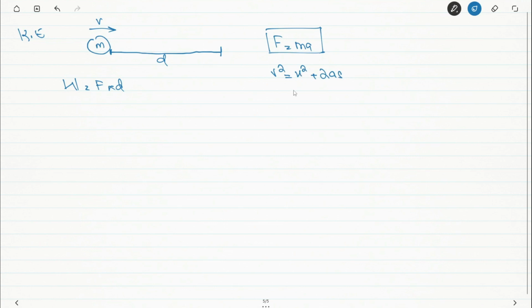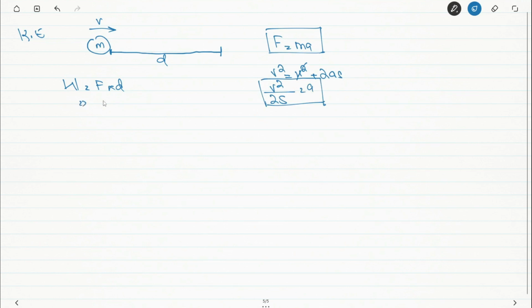Now, the initial speed of this would be 0, right? If we're calculating the kinetic energy change from 0, this would be 0, so cancel this out. So acceleration would be v square over 2s is equal to a, right? These are the two equations we're going to be plugging into this one.